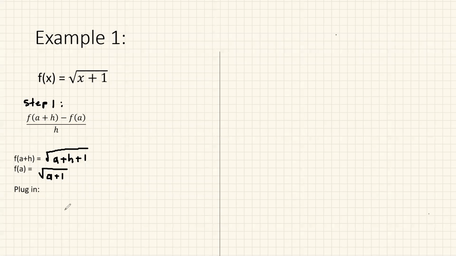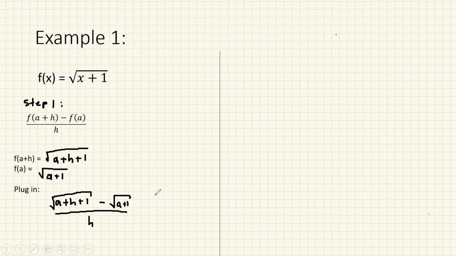We're going to use our difference quotient up here to guide us. So we're going to write the square root of a plus h plus 1 minus the square root of a plus 1. All of this is going to be divided by h.